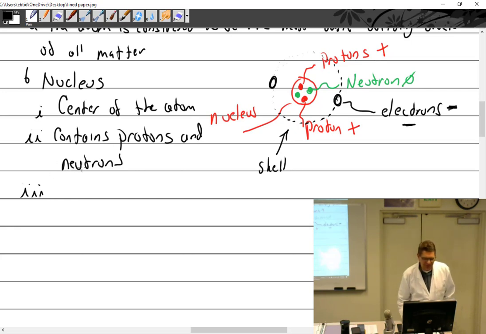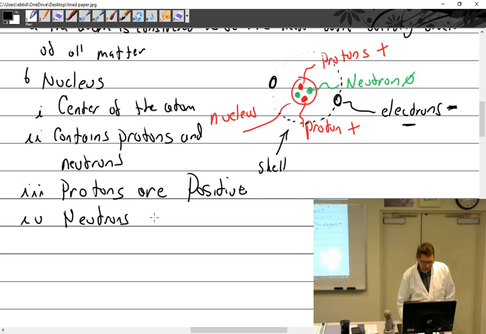We say it contains protons and neutrons. Protons are what charge? Positive. Positive charge. And that leads me to the neutrons, which are neutral. Charged.